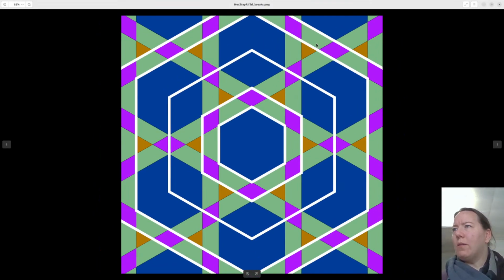If I want full repeats around a particular hexagon, I need those rhombus twists between the trapezoids, and I need 1 trapezoid of the next layer of hexagons. So that's what I'm getting from the tiling.